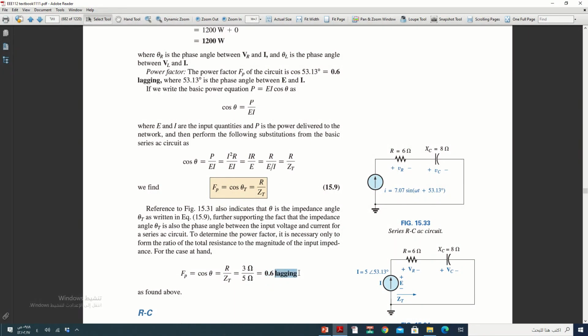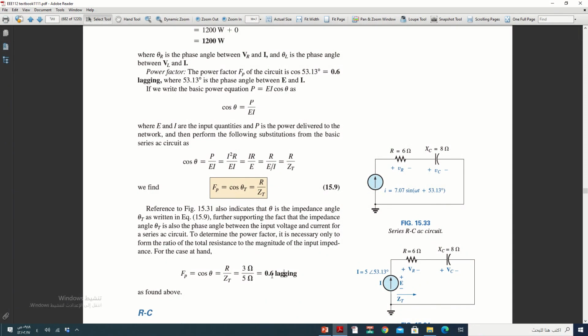What about lagging or leading? After the power factor, you need to always write either lagging or leading. What does lagging or leading mean? You need to see the total current relative to the total voltage. If the total current leads the total voltage, we will say the power factor 0.6 leading.